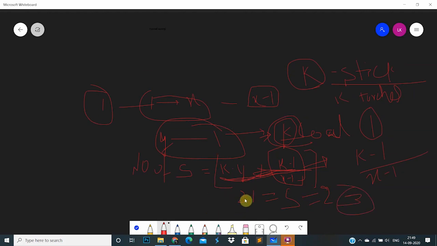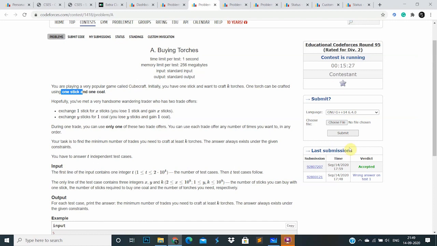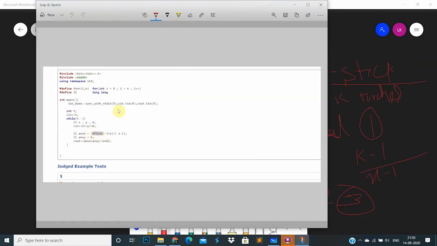Because in 2 we can't make the whole thing, we need the point 1, and we can't take point 1, we have to take one more. So let's see what the code for this is, and we require this much of sticks.